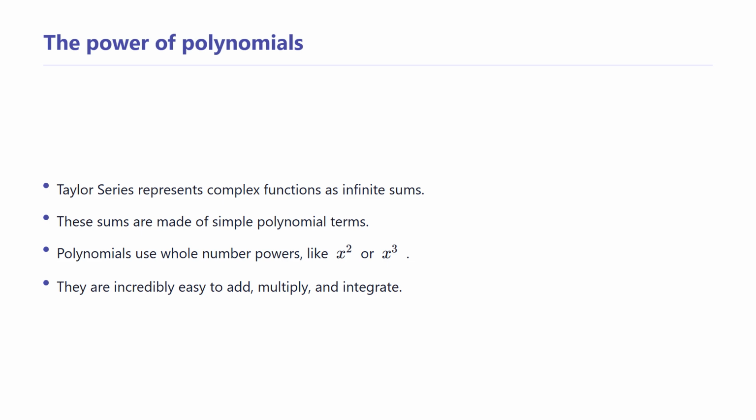These are incredibly easy to add, multiply, and integrate. By taking higher and higher derivatives, we capture more and more details about the function's curves and wiggles. If we add up an infinite number of these polynomial terms, the resulting series will perfectly match the original complex function.